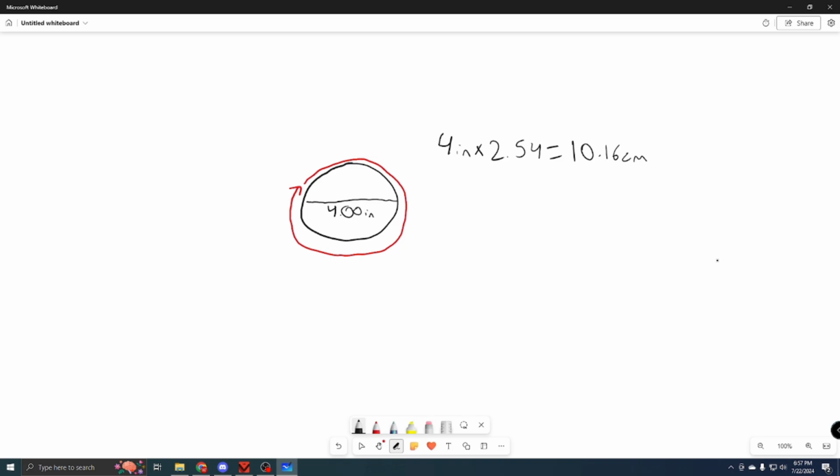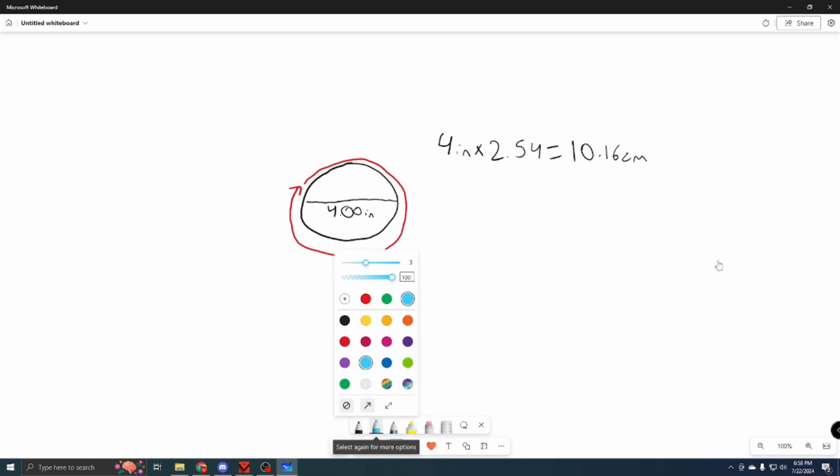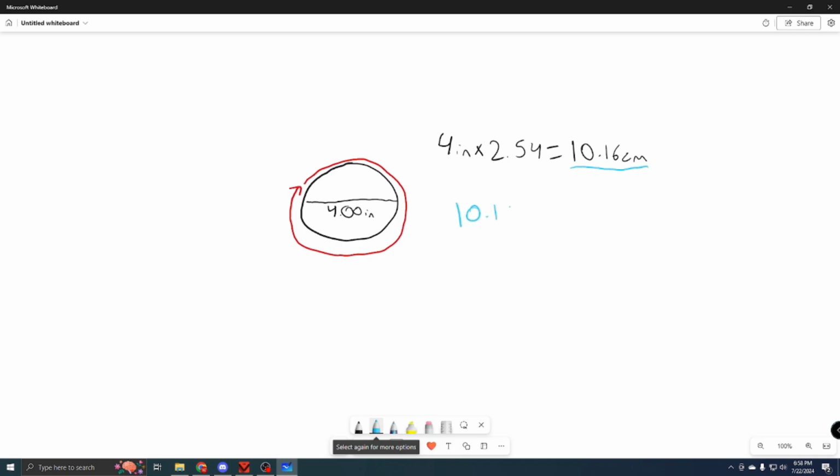To get the circumference, all you do is just multiply your diameter here times the constant pi. You have probably heard of it. Some of you have probably used it already.